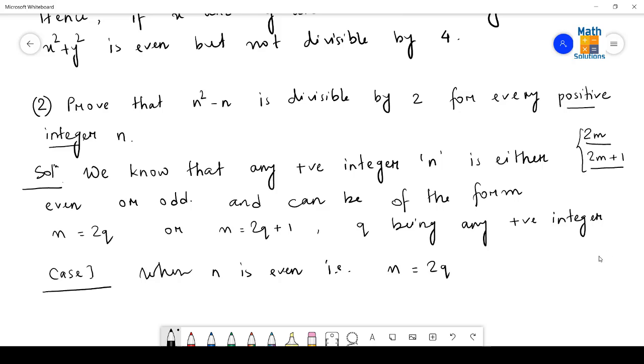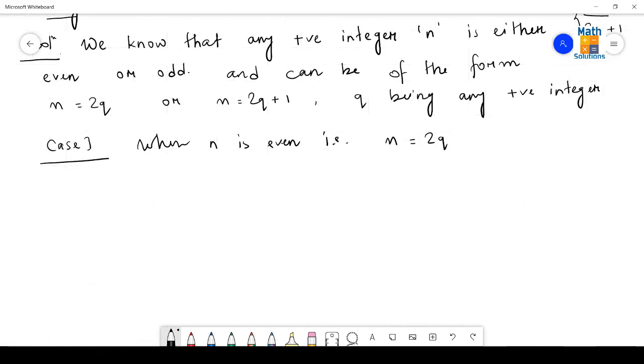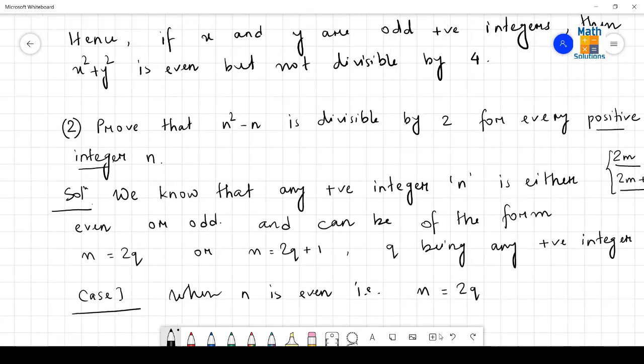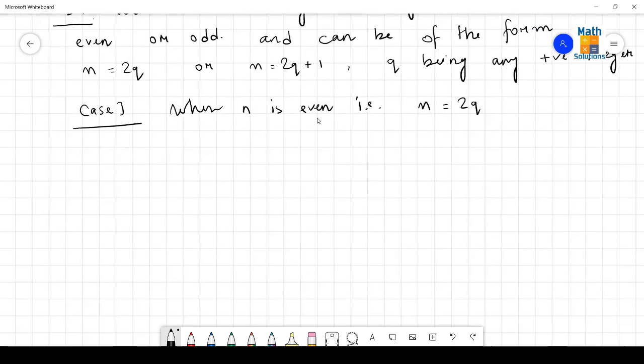What do I get? Let us scroll it down. So after this we get what? When n is equal to 2q, actually our intention is to find the value of n square minus n, and we have to show that it is divisible by 2. So using these two cases, let us find out what is the value of n square minus n.